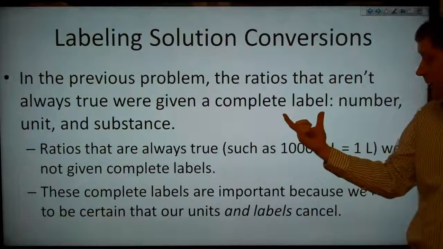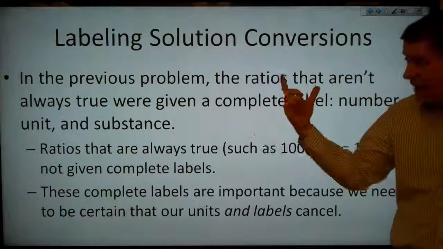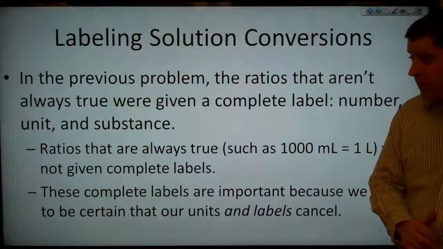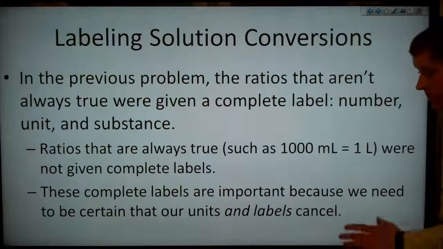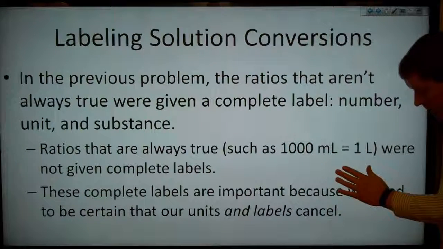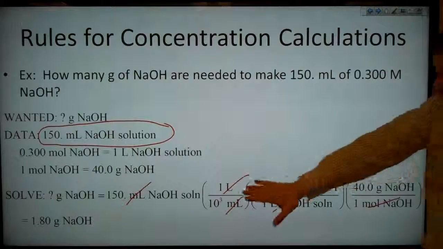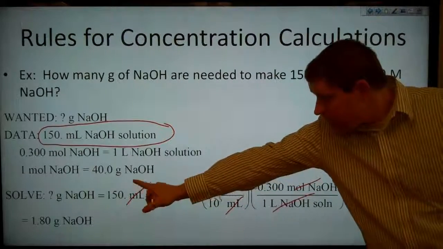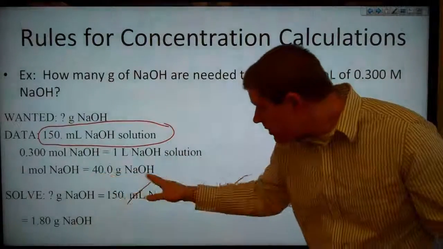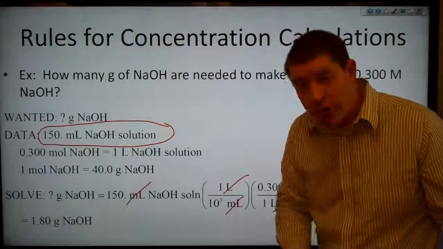So in the previous problem on the last slide, the ratios that aren't always true were given a complete label. That is a number, a unit, and the substance. Ratios that are always true, such as 1,000 milliliters equals 1 liter, were not given complete labels. Now let's go back and look. So you can see here that we've got some ratios like grams of sodium hydroxide equals moles of sodium hydroxide.